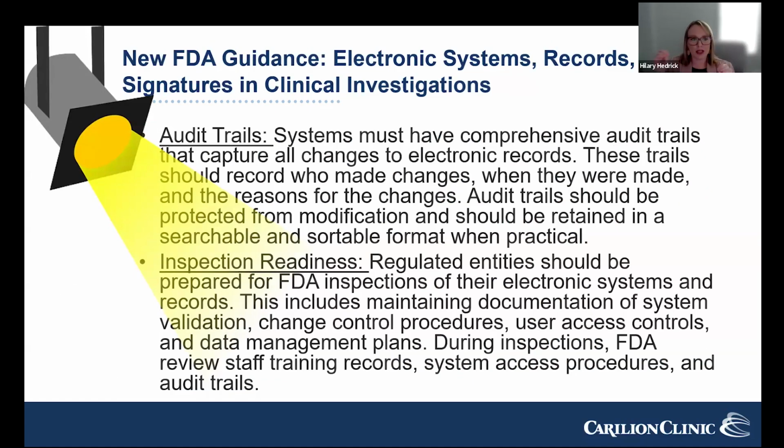The spotlight I really wanted to focus on is in this FDA guidance document. There are two specific sections that deal directly with audits and what they will be looking for based on electronic systems, if that's what the study is using. So you have to have an audit trail.